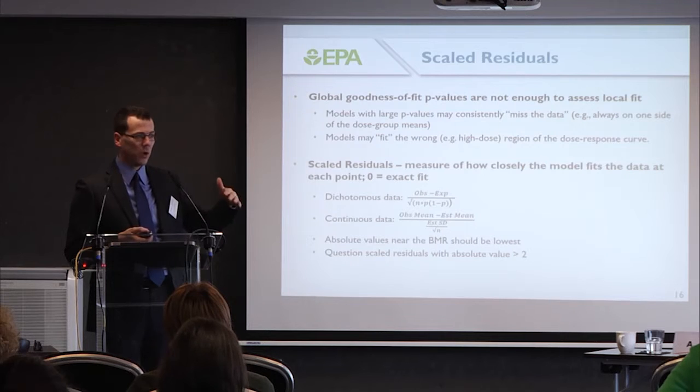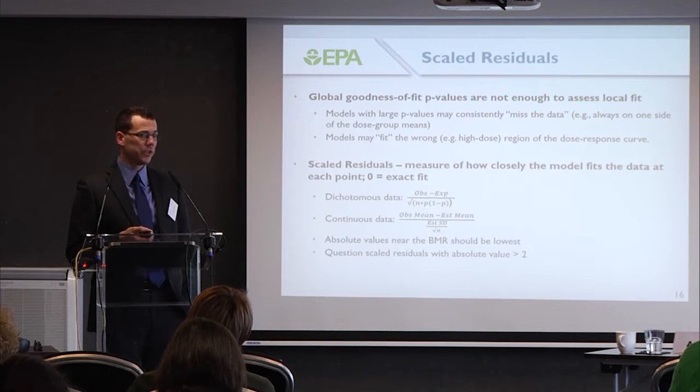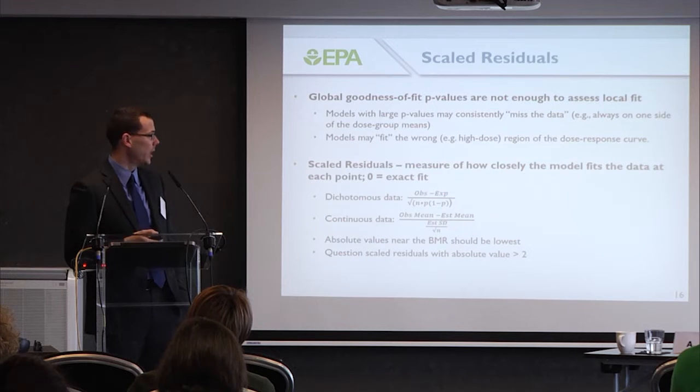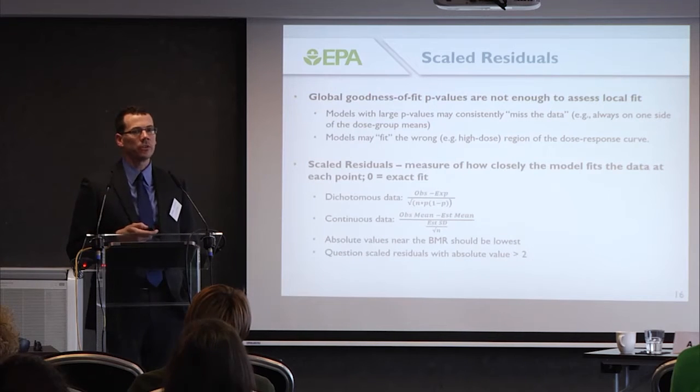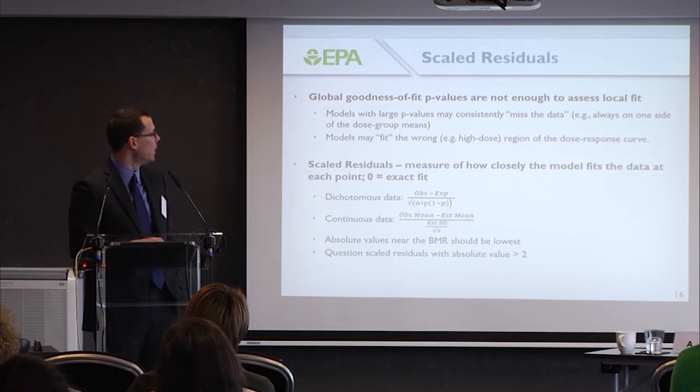And we're most interested in models that fit the low dose region very well. So in all three of those situations, you would have a high p-value, but your model's really not performing adequately.